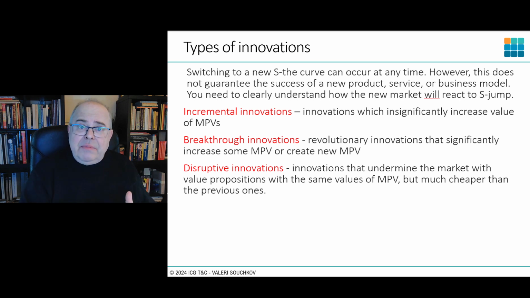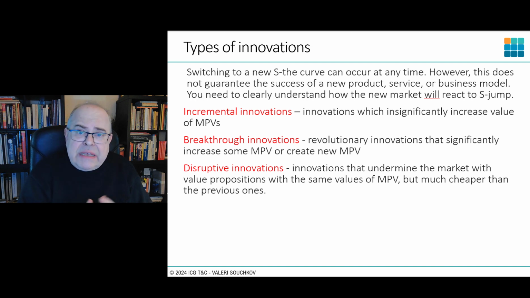And there is another type of innovation. It's called disruptive innovation. These are innovations that undermine the market with value propositions with the same level of MPVs, but much cheaper than the previous ones. For example, the first computers were big mainframes, which used to cost millions of dollars. They had a certain performance.